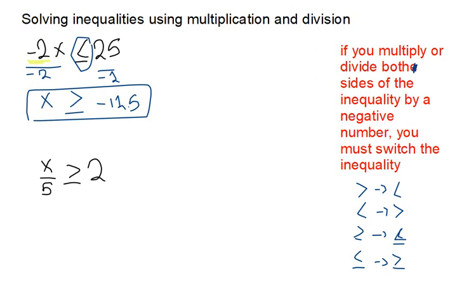So let's look at x over 5 is greater than or equal to 2. In this case, to get rid of this 5 on the bottom, we need to do something. The variable is divided by 5, so we need to multiply both sides by 5.